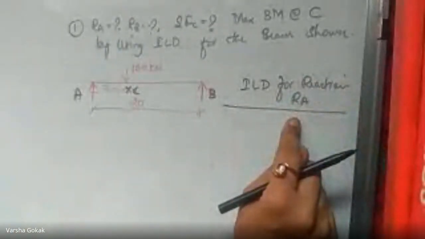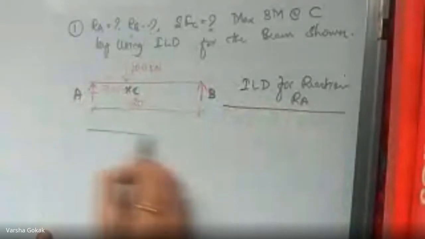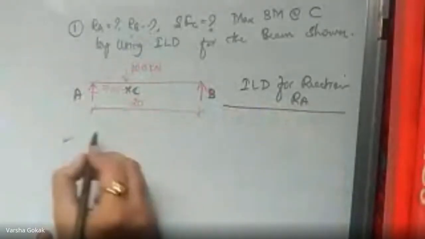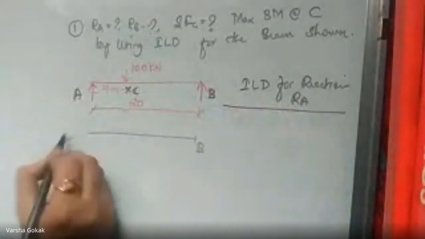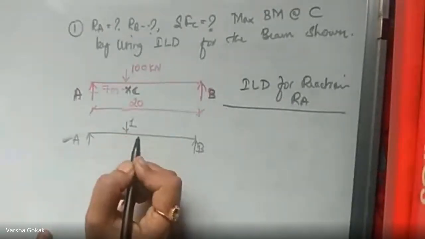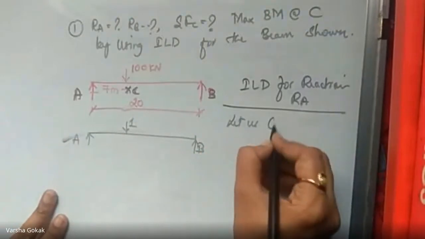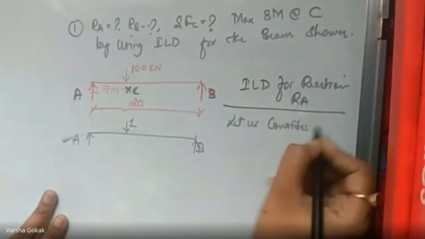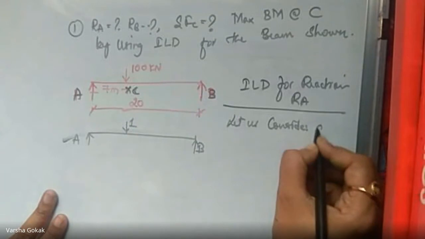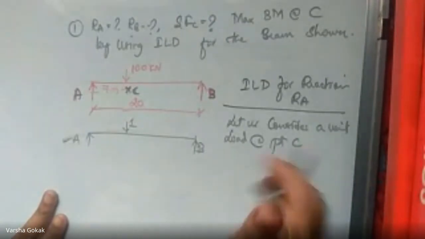So first, let us consider a unit load at point C. Instead of this 100, I will consider a unit load like this.